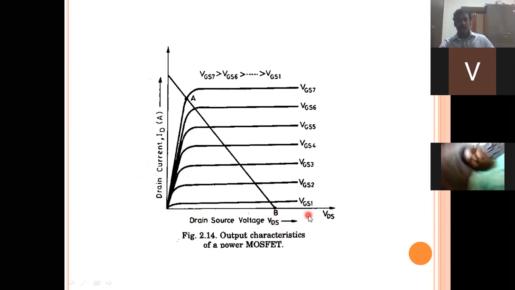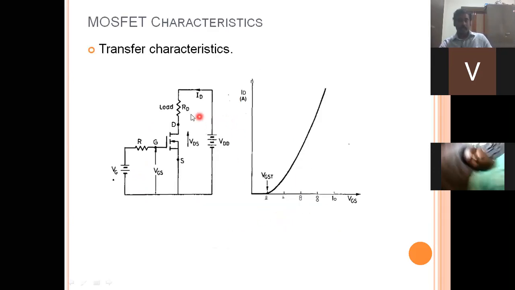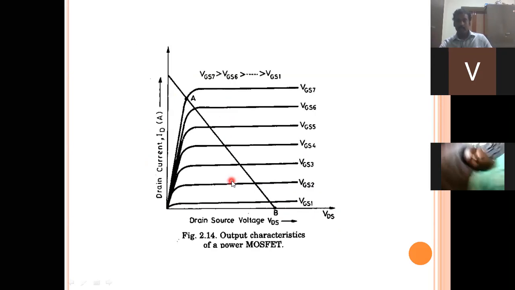Whenever you consider the drain and source voltage, this is the voltage provided between the drain and source. And the current drawn from the drain to the source is going to depend completely on whatever we considered earlier, that is VGS1, VGS2, VGS3.